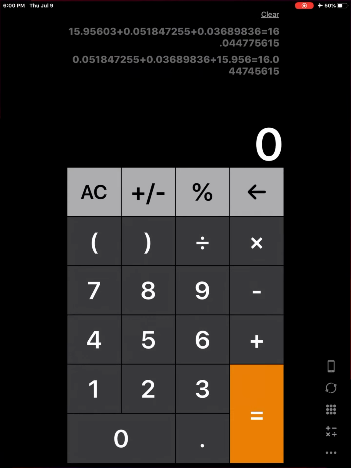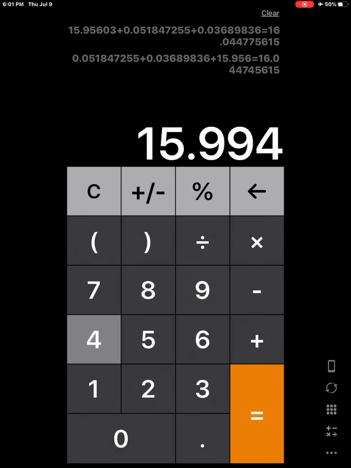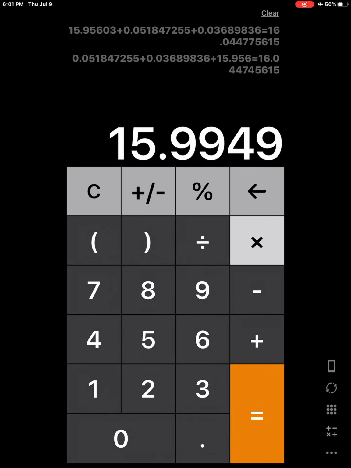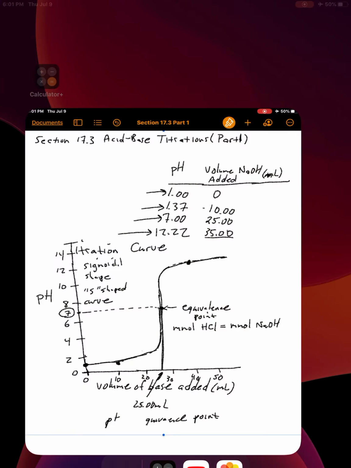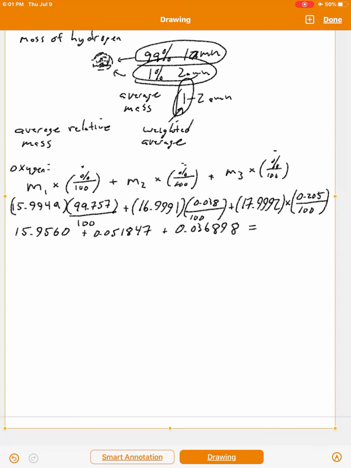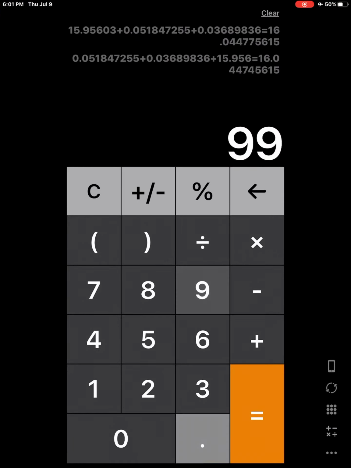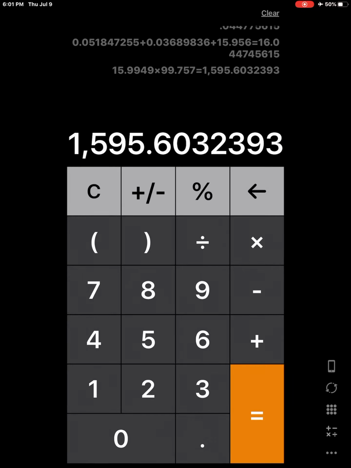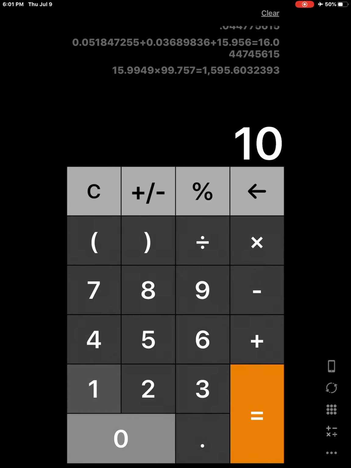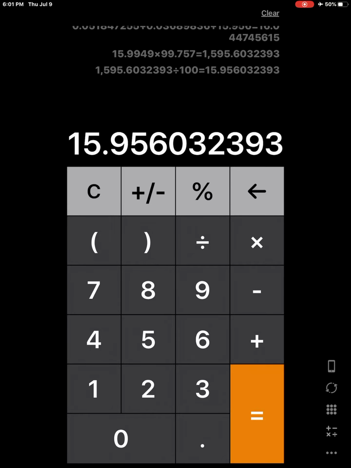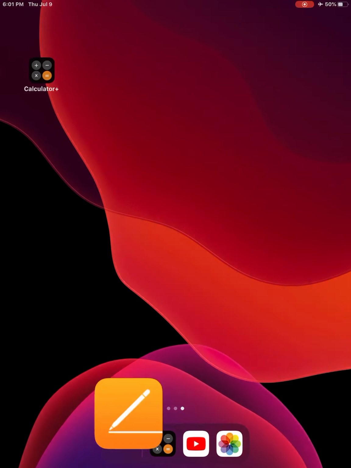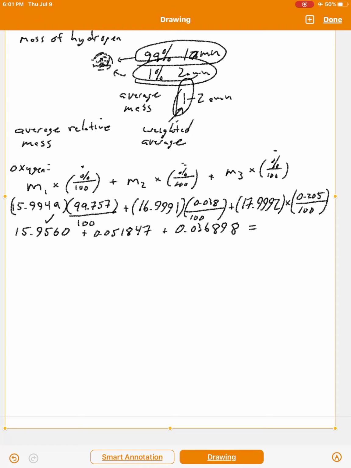15.9949 times 99.757. Oops, divided by 100, sorry. 15.9560. That first one looks good. That one looks good right there.